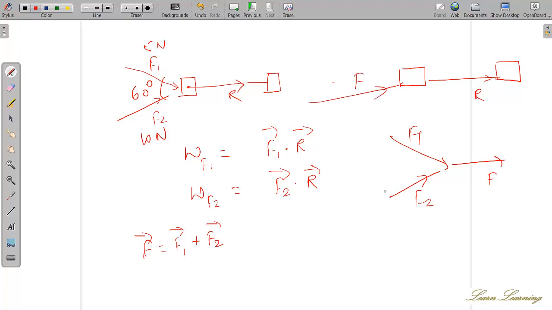So what you can do is calculate the work done here simply by F dot R, right?